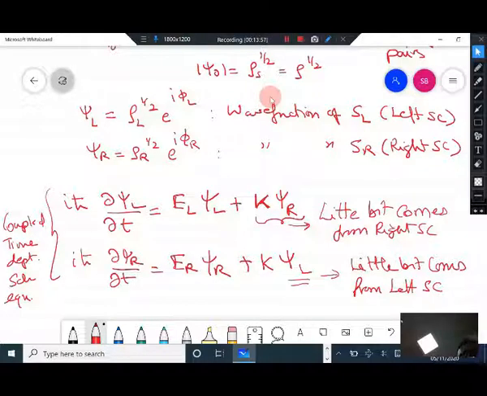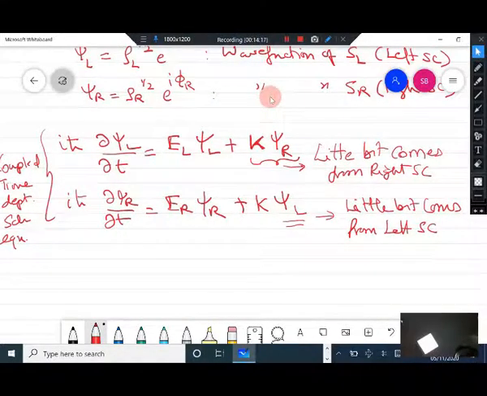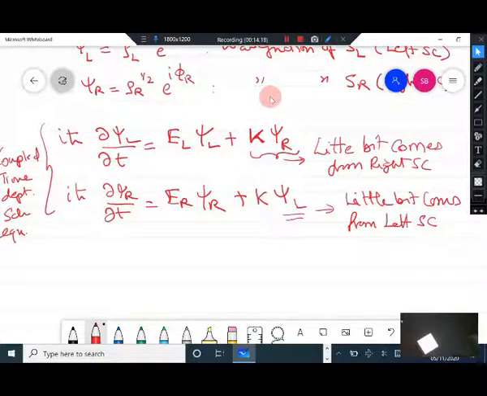So this parameter K is basically the perturbing amount entering from the right side into the left side, the wave function which is leaking into the left side from the right side. K is a small parameter which is the perturbation on the left side from the right side, and vice versa, the perturbation on the right side from the wave function leaking in from the left side.